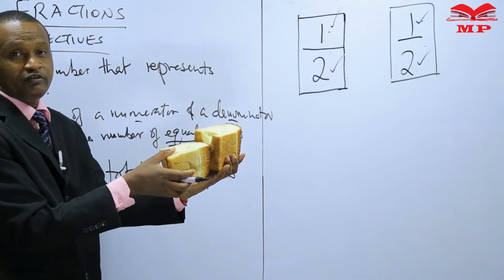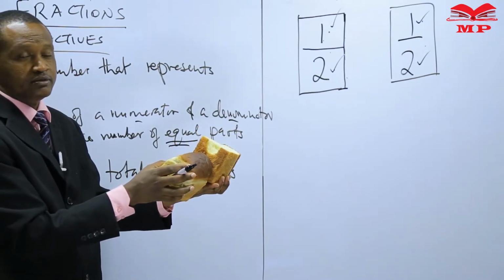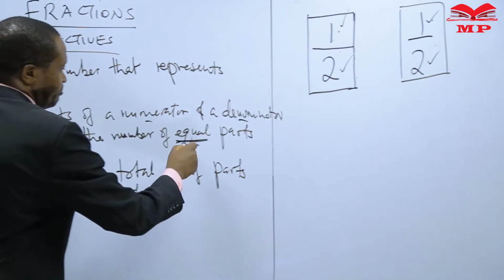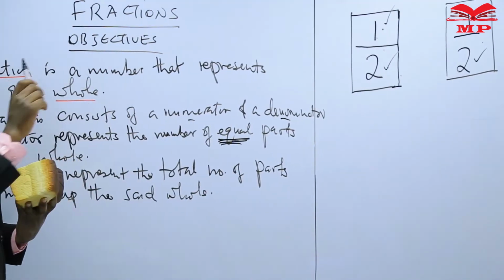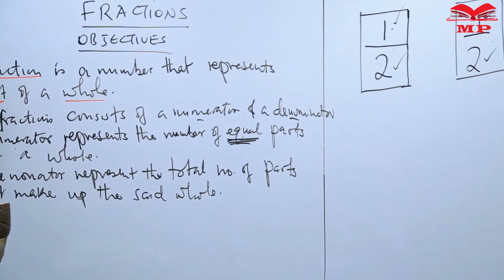It's no longer a half because it has been reduced. You need to underline the term equal. They must be equal parts.